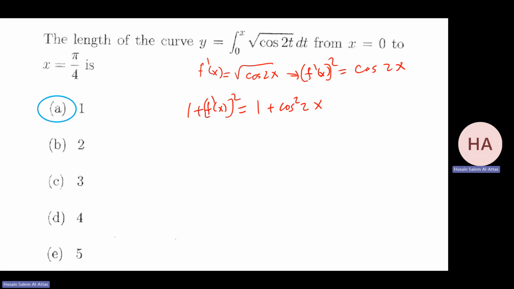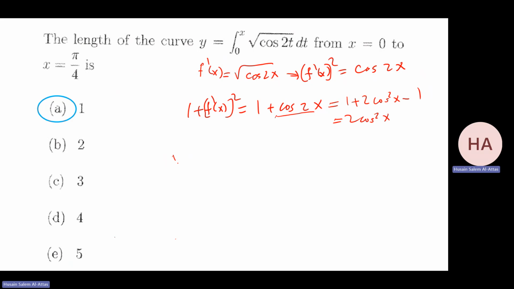What is this? This is 1 plus cosine 2x. And that is 1 plus 2 cosine square x minus 1. Square root, square, no need. No, it's not cosine square, it's cosine. And cosine 2x is 2 cosine square minus 1, so that will be 2 cosine square x.